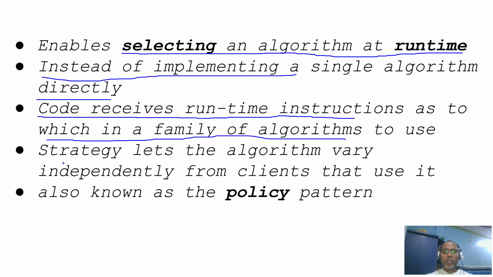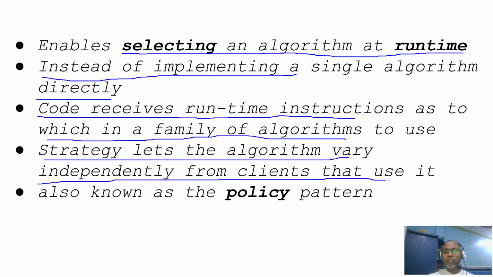So the strategy lets the algorithm vary independently from the client that uses it. The strategy and the client using it are independent, which is a separation of concerns: the algorithm or policy is in a separate class, and the client that uses it is separate.